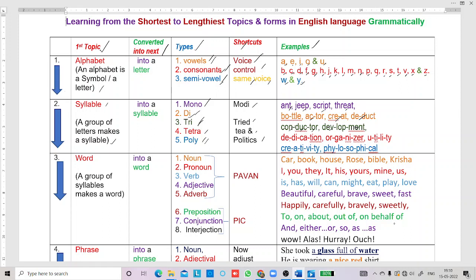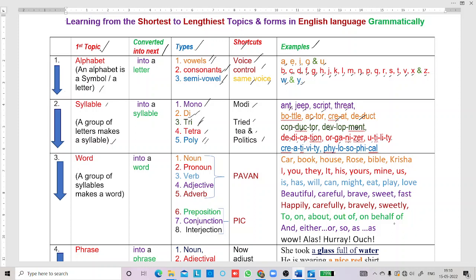Sorry, tetrasyllable. Tetrasyllable means four: dedication, organizer, utility. Next one is called polysyllable. Polysyllable means more than four.